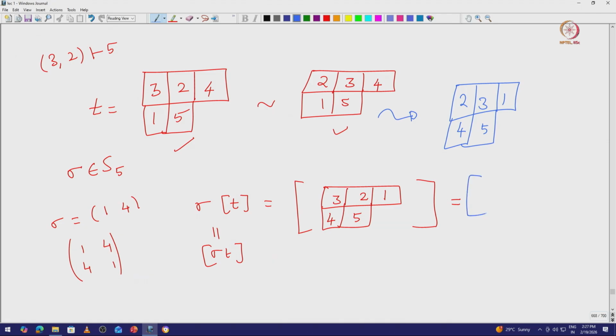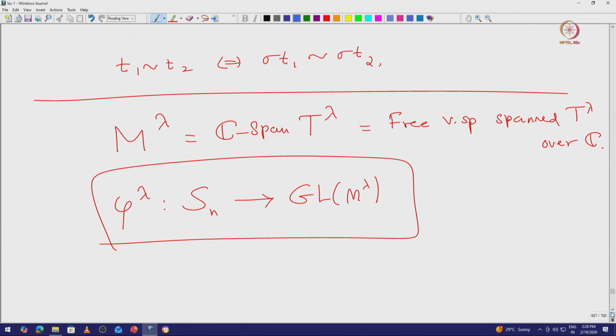Then you want this to be equivalent to 2 3 1 and 4 5, which is true. So we have a well defined action of Sn on this space of lambda tabloids.